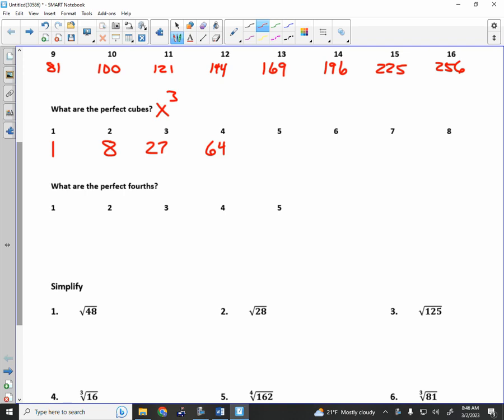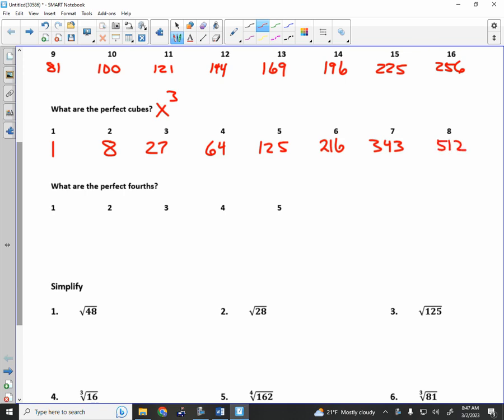5 times 5 is 25, times 5 more, 125. 6 times 6 is 36, times 6 more, 216. 7 times 7 is 49, times 7 more is 343. 8 times 8 is 64, times 8 more is 512.